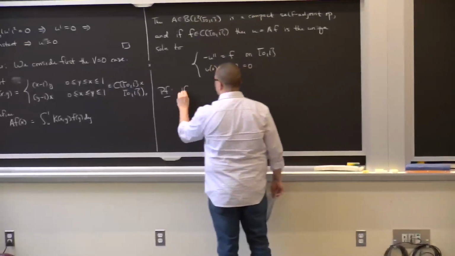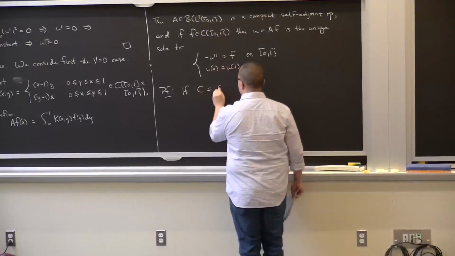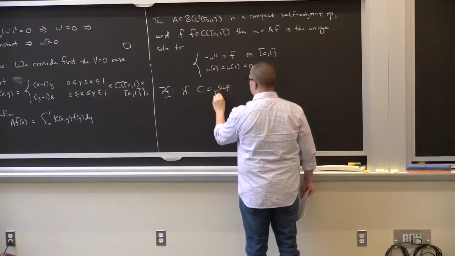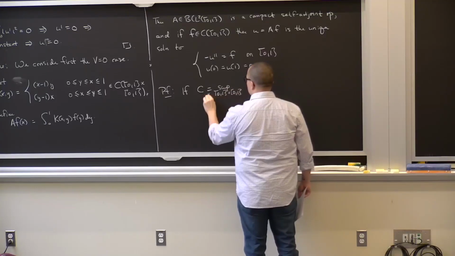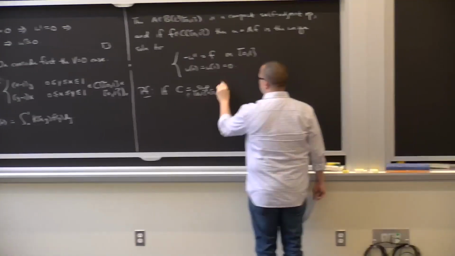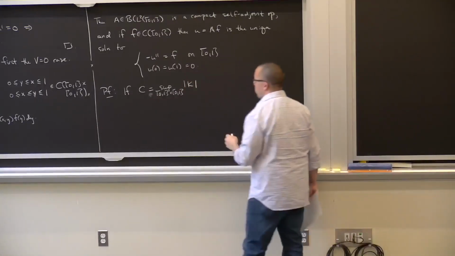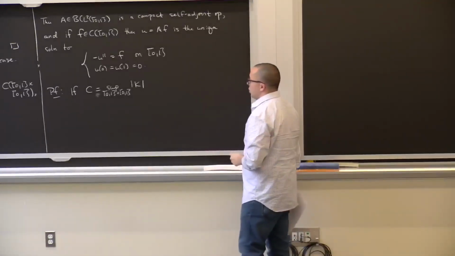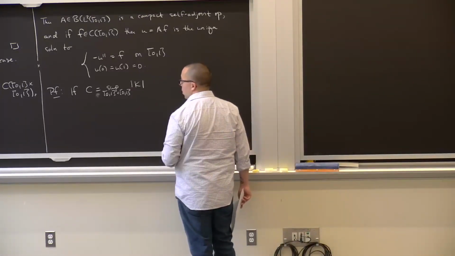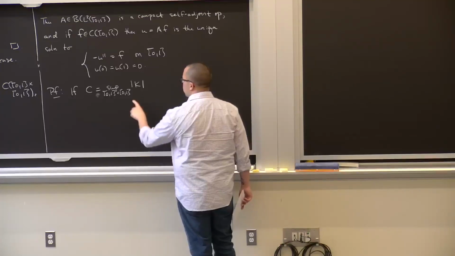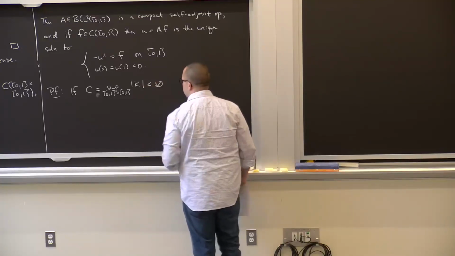So let's let C be the sup over [0,1] cross [0,1] of the absolute value of k. So I'm not writing x, y; this is the supremum of k over the square, which is finite since k is continuous.